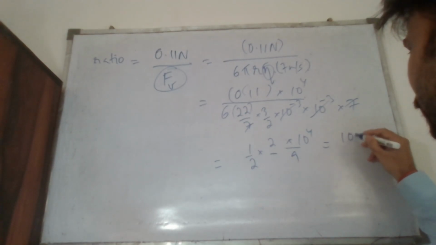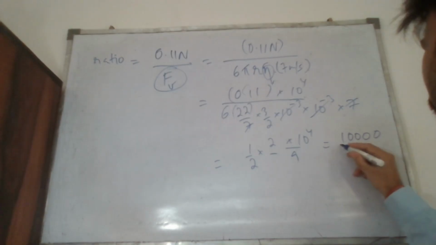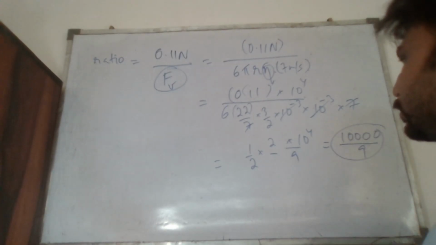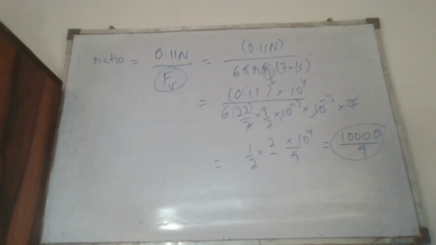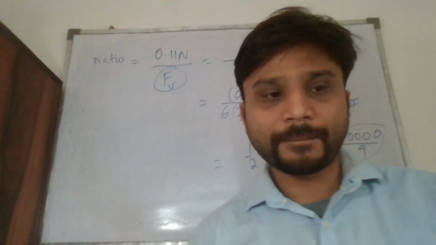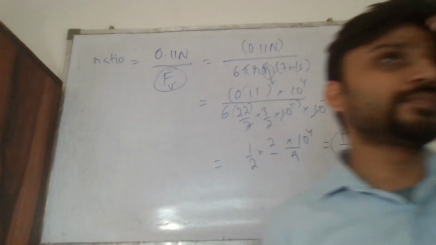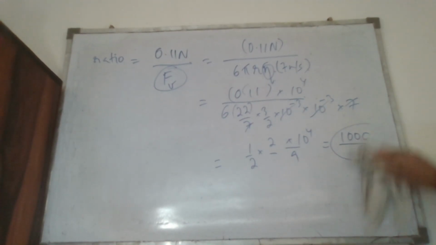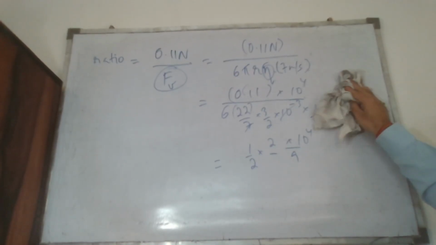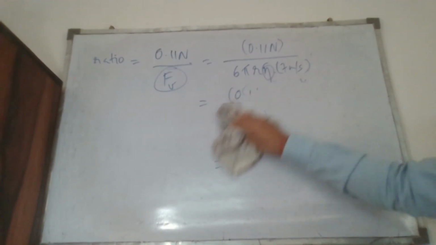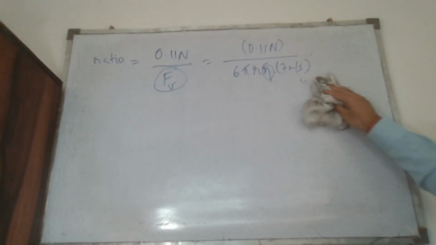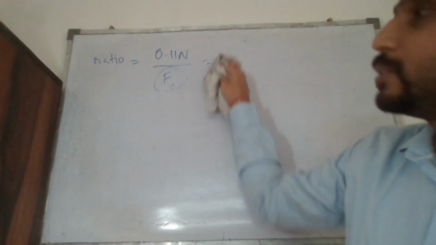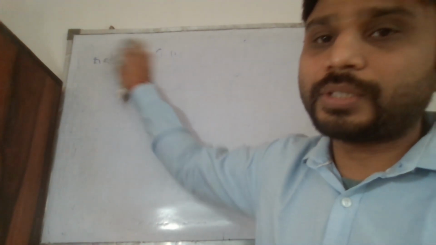So this is 10 to the power 4 by 9 ratio. So basically this option is not correct.